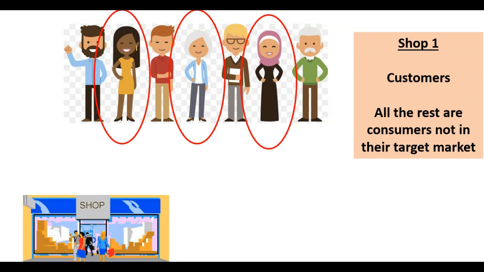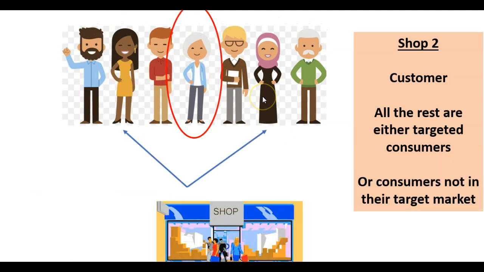Okay, so if I look at shop one, they won business from all three of the people in their target market. So these are now all their customers, 1, 2, 3. Shop two, unfortunately, has only gained a sale from this lady in the middle. So that is their only customer. Obviously, there's more, but in this example, that's their only customer.